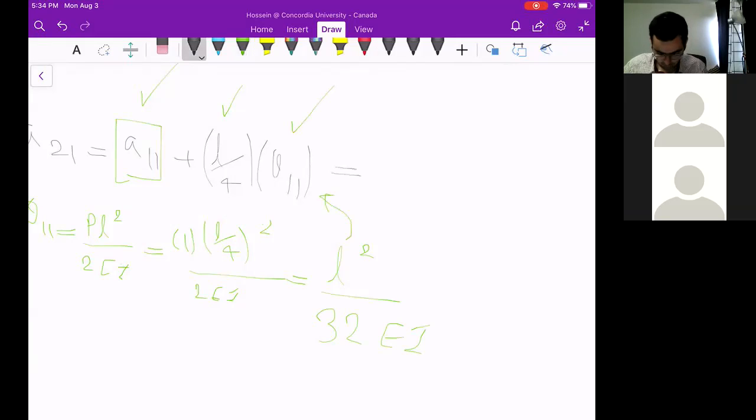Therefore, A21 would finally be 2.5 L cubed over 192 EI.